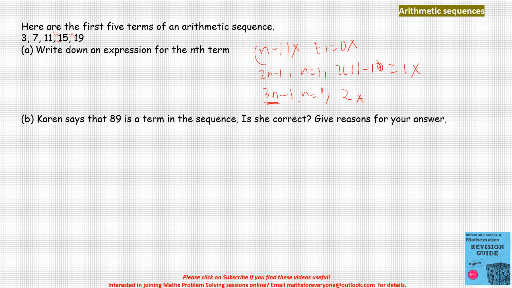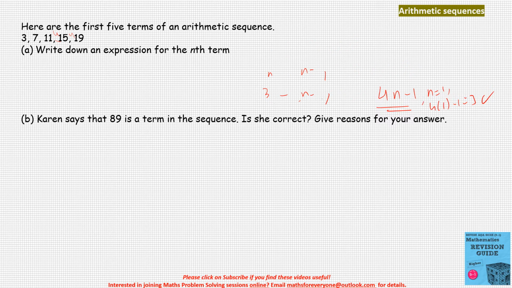If I do now 4n minus 1, what do I get? At n equals 1, 4 times 1 minus 1 is 3, which is right.